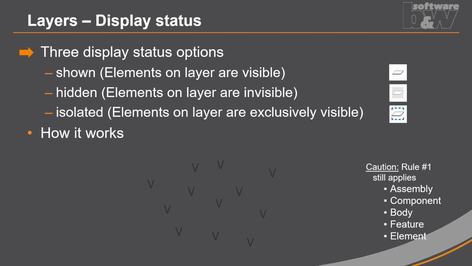Yeah, and the last thing here is, and I believe it's the most difficult part of the layers, the display status. In most cases, with most people I speak to, they're using the display status options shown or hidden only. But there is a third option that's called isolated.